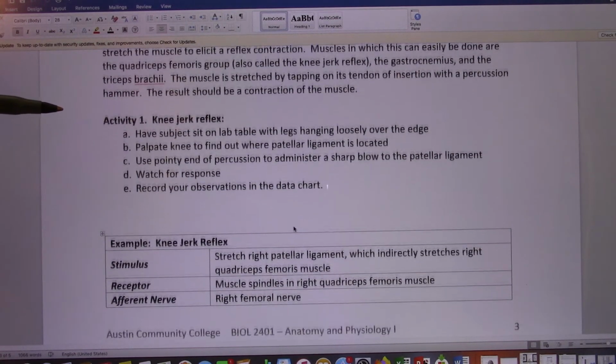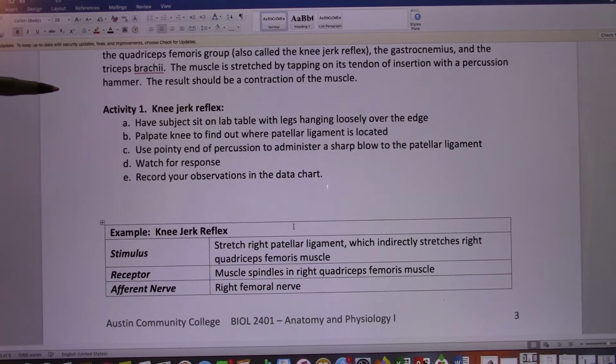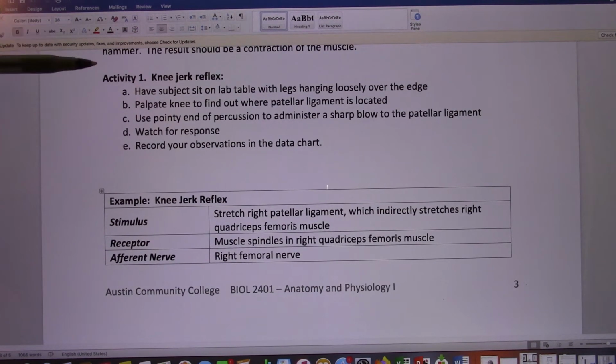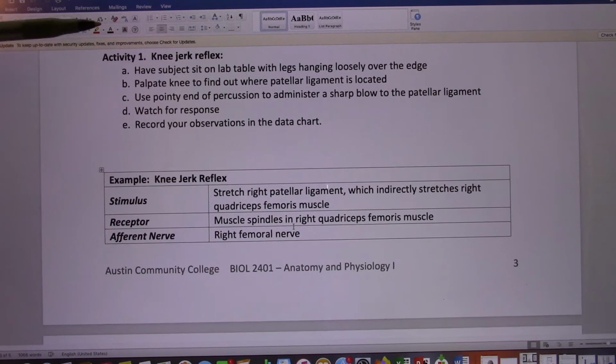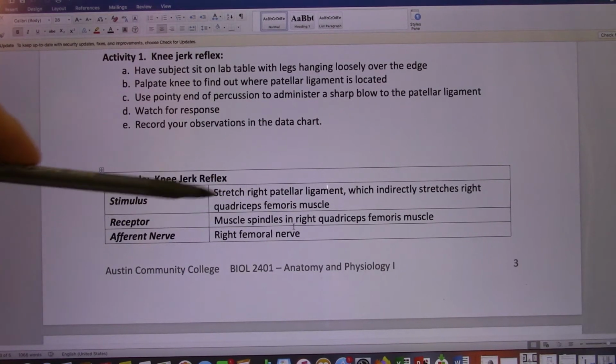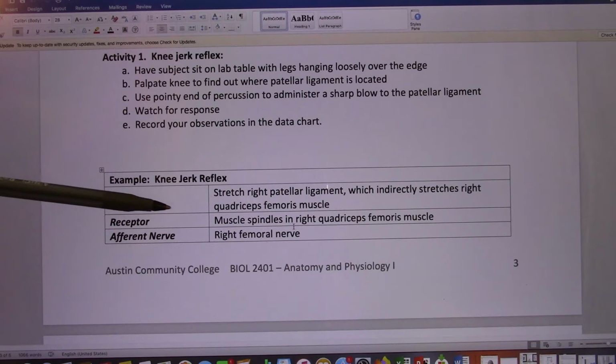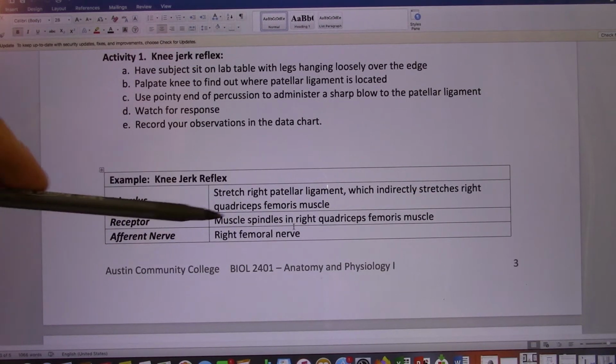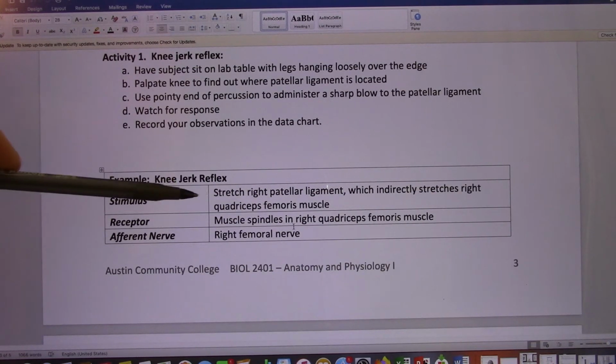So let's look at our activity 1, the knee-jerk reflex. You can do this in your home. You sit and make your knee relax, and you hammer the knee area. The stimulus is picked up by the receptor, and the receptor is the muscle spindle. That's the receptor buried inside your big muscle, your quadriceps muscle.